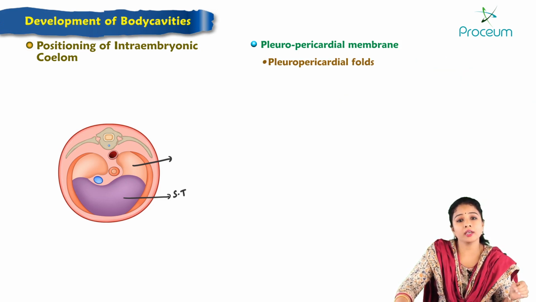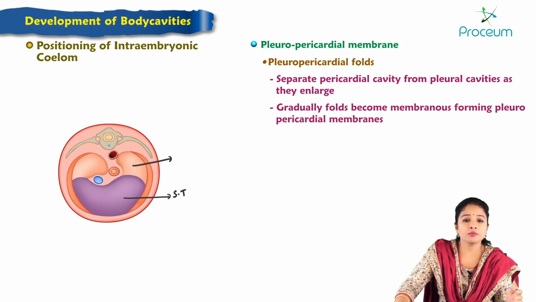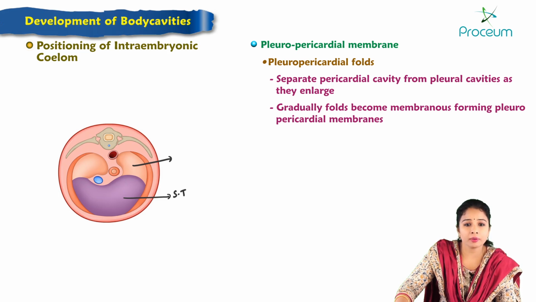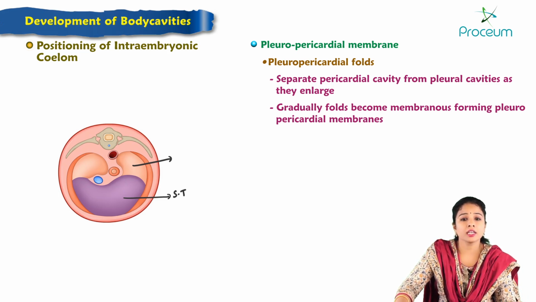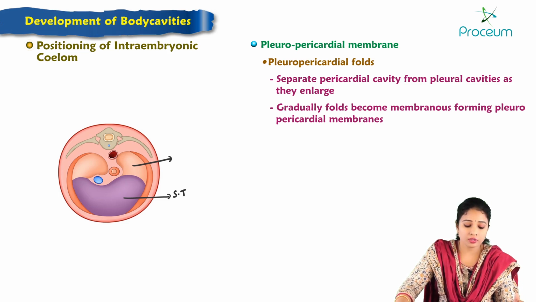The pleuropericardial fold separates the pericardial cavity from the pleural cavity as they enlarge, and gradually the folds become membranous and form the pleuropericardial membrane, and as the pleuroperitoneal fold enlarges, it projects into the pleuroperitoneal canal. So that is about the pleuropericardial and pleuroperitoneal membrane.